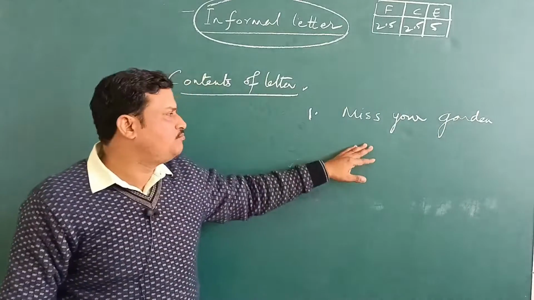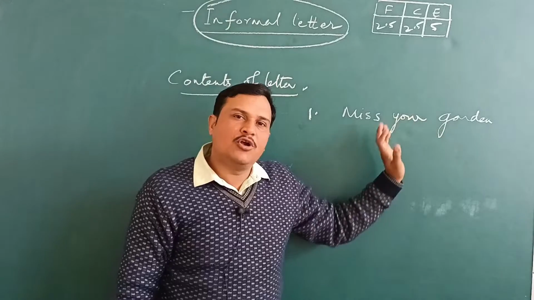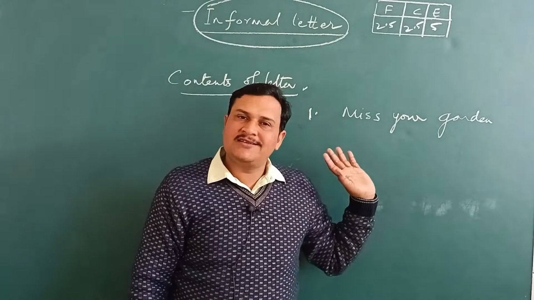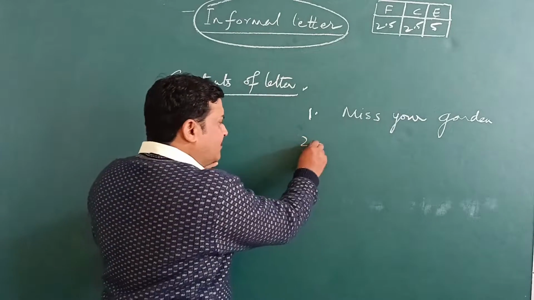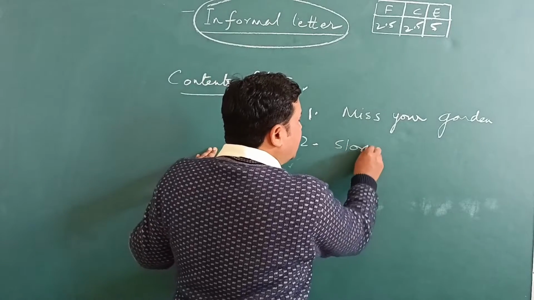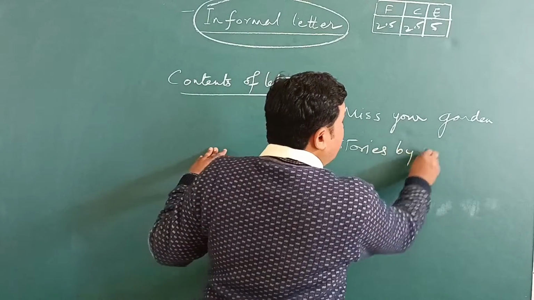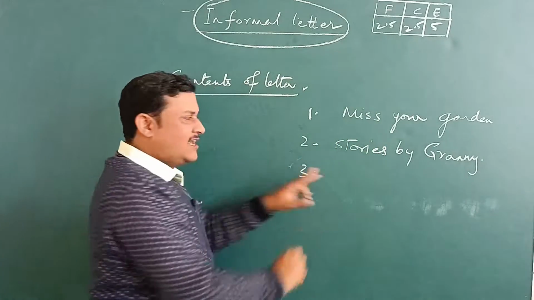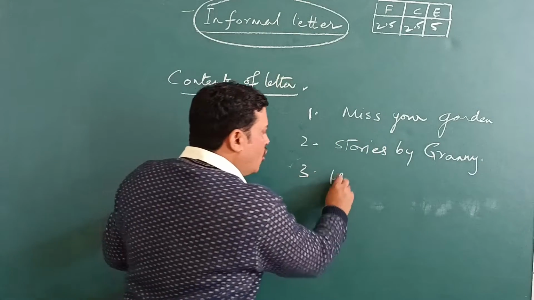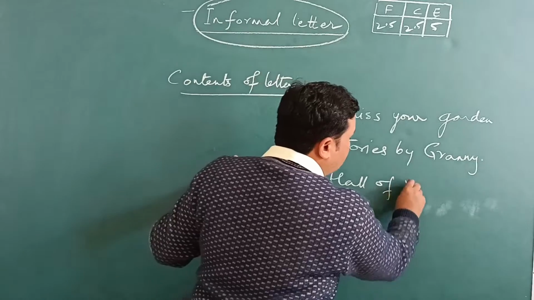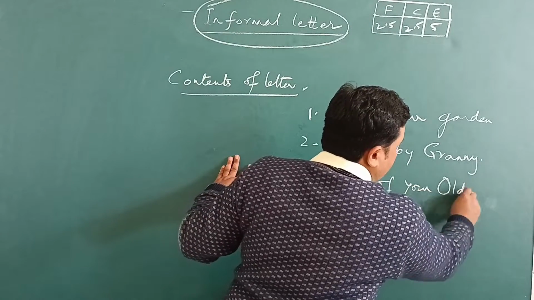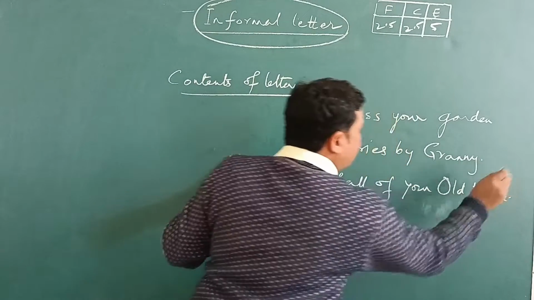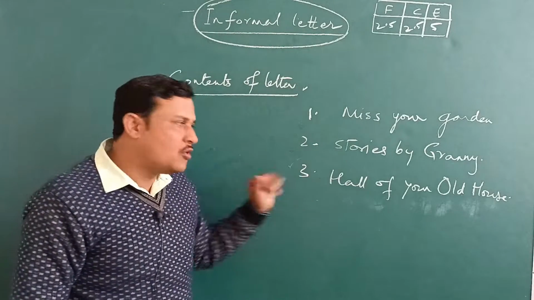Supposing there was a garden in the old house, so you are going to miss that one. Second point, you are missing the stories by your granny. Clear? Third, you are missing the hall of your old house.